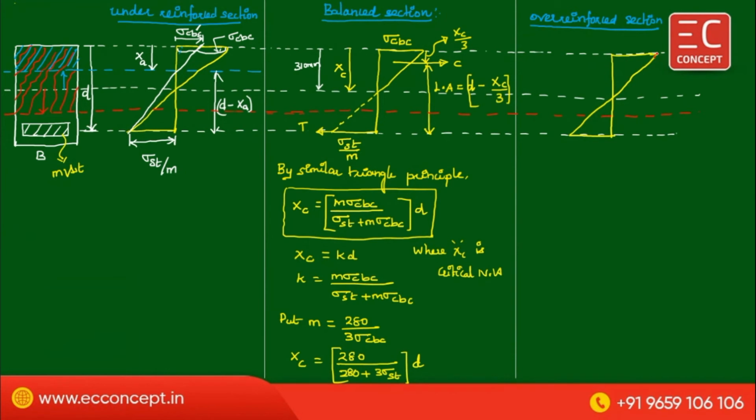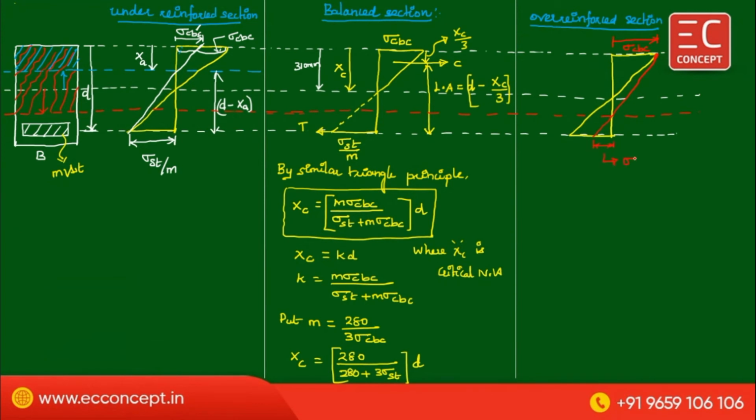Here concrete attains the maximum value, but the steel attains a lesser value than the concrete. So the concrete stress is full. It attains the full value, sigma CBC. So the concrete fails first.